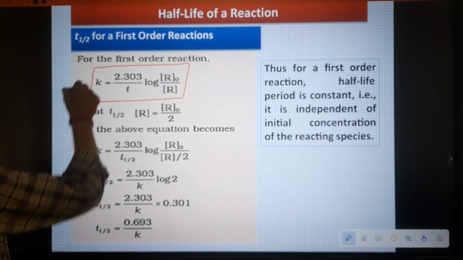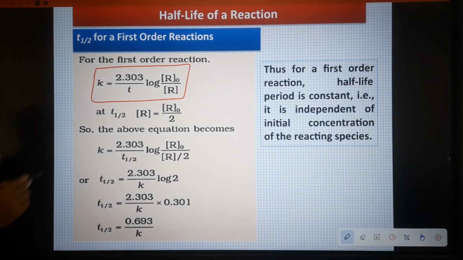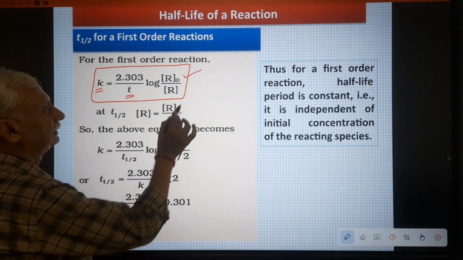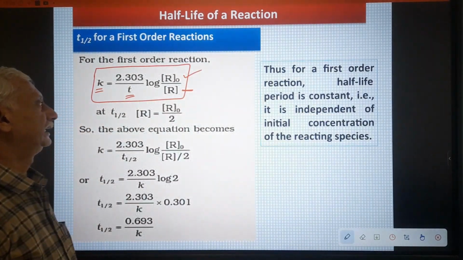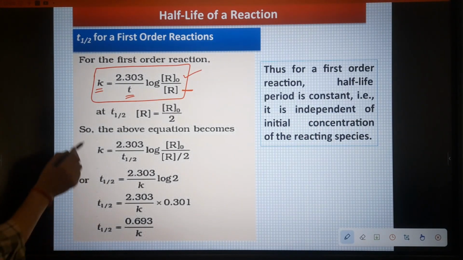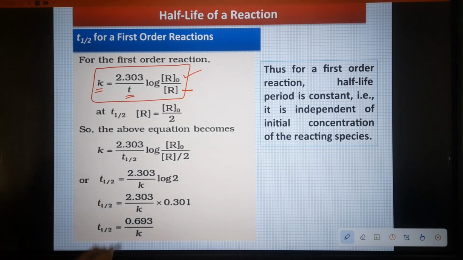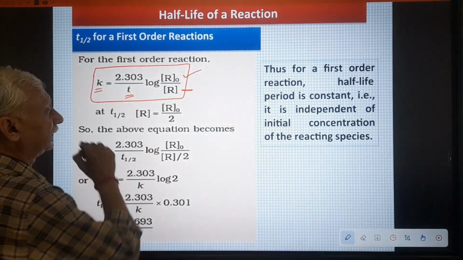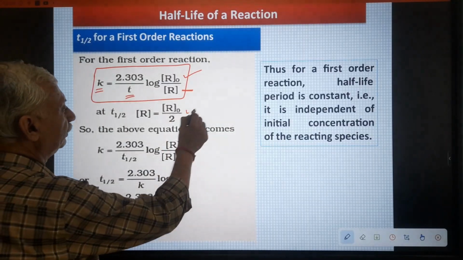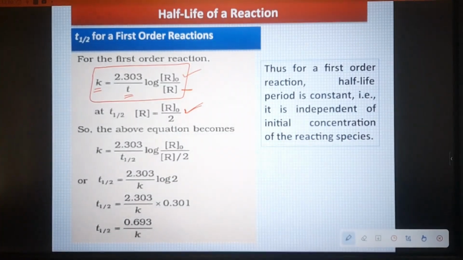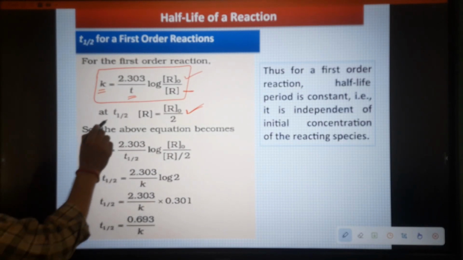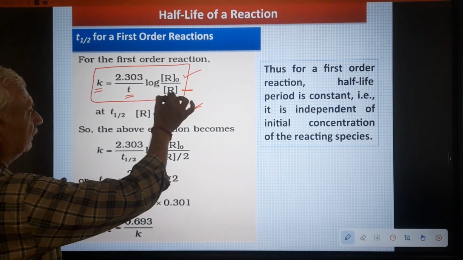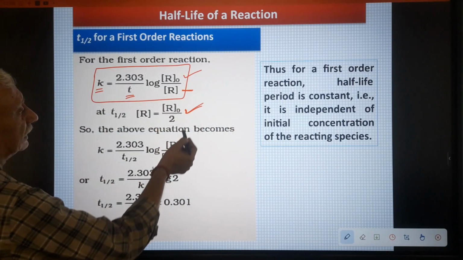This relation we derived for a first order reaction, where K is called the rate constant, T is the time, R naught is the initial concentration of the reactant and R is the concentration of the reactant after time T. So after T half, the concentration of the reactant R will be equal to R naught upon 2, meaning it will be half of the initial concentration of the reactant.